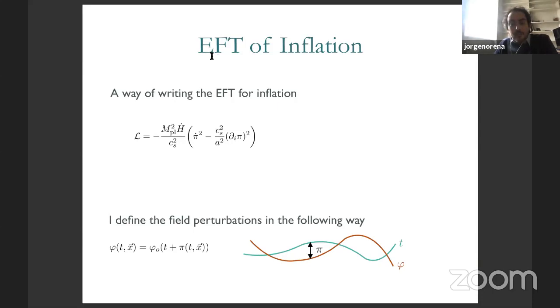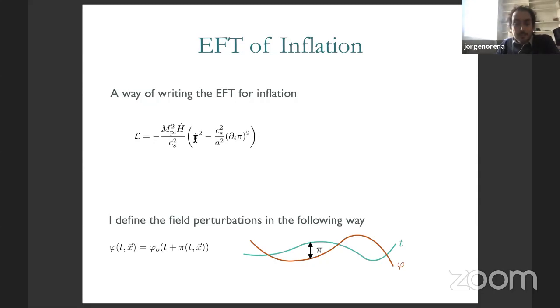In particular, I forgot to put the citation here, but Cheung, Creminelli, Fitzpatrick, and other people wrote a paper some time ago, in 2008, on understanding single field inflation as an effective field theory. So, as in any effective field theory, we first look at the symmetries. In this problem, we don't have Lorentz invariance because we are on a curved background.